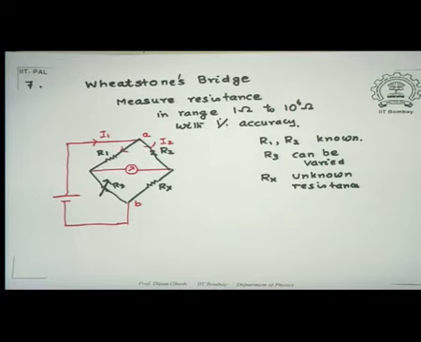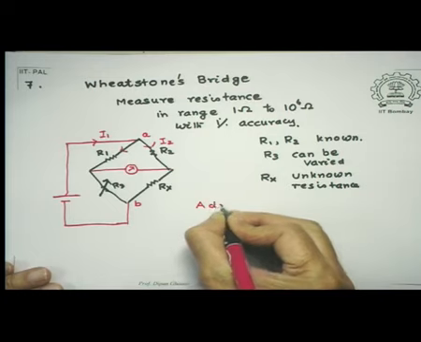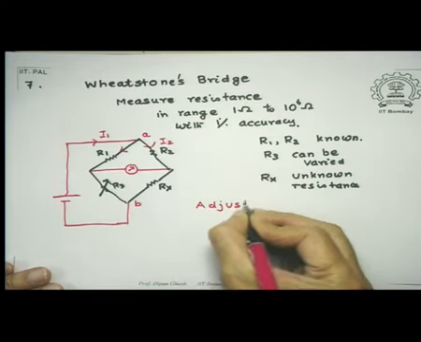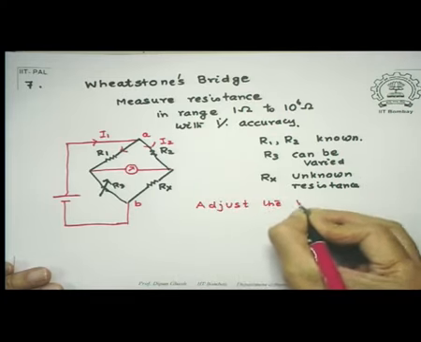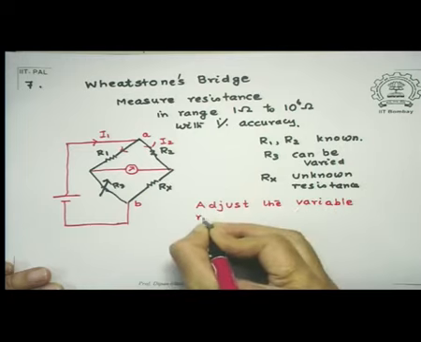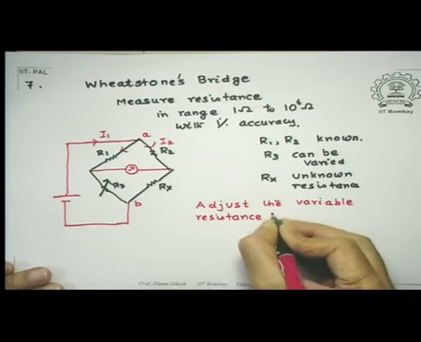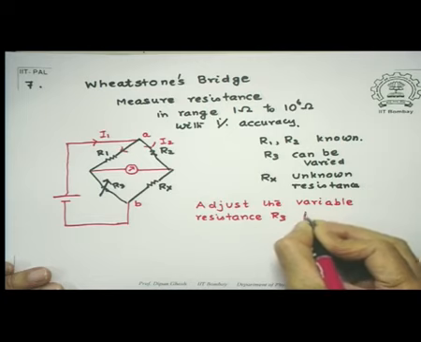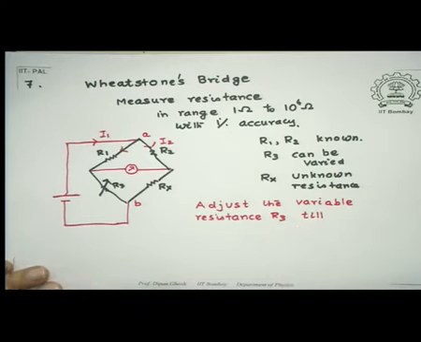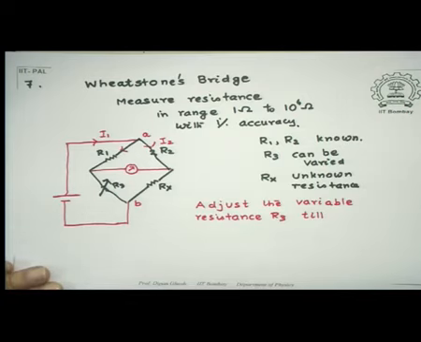Now what we do is this, we adjust the resistance R3. Because it is an important point, let me talk about adjusting R3, the variable resistance, till such time that there is no current passing through the ammeter.